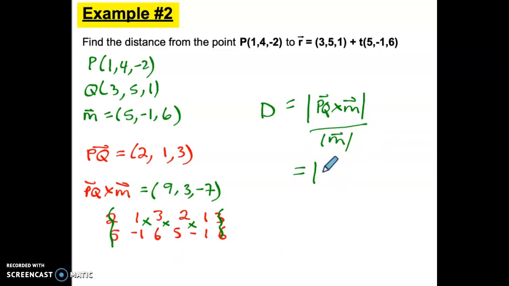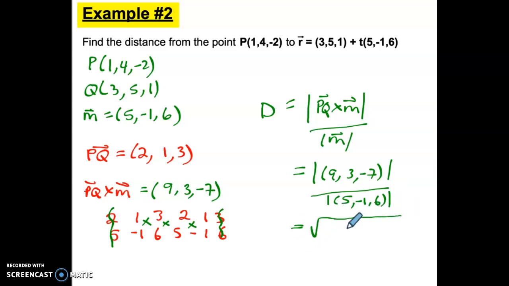So going back to our distance formula, we're going to have to find the magnitude of 9, 3, negative 7 all over the magnitude of our direction vector, 5, negative 1, 6. Okay. So that's just really doing square root of 9 squared plus 3 squared plus negative 7 squared all over the square root of 5 squared plus negative 1 squared plus 6 squared.